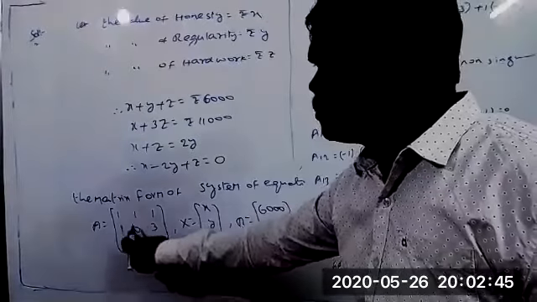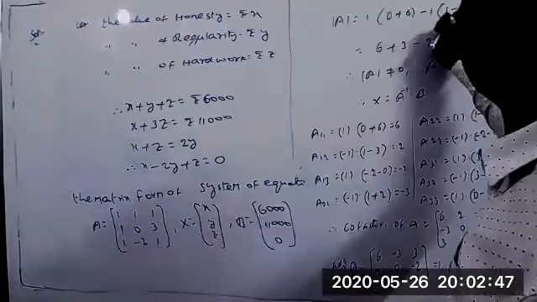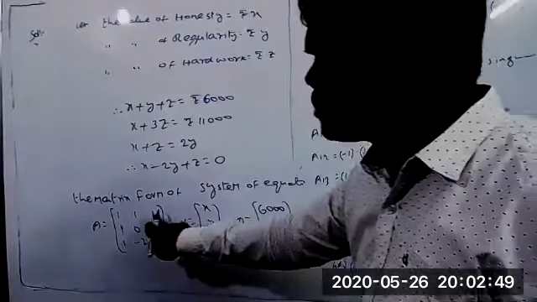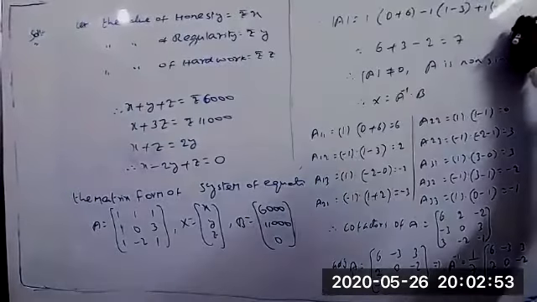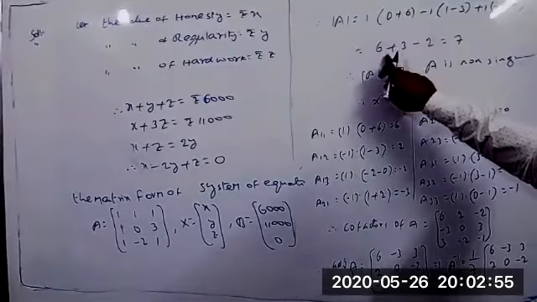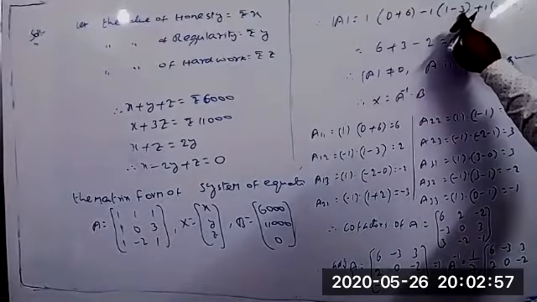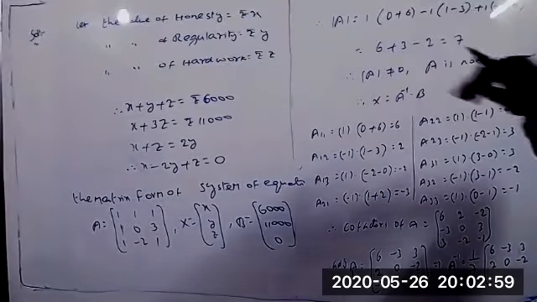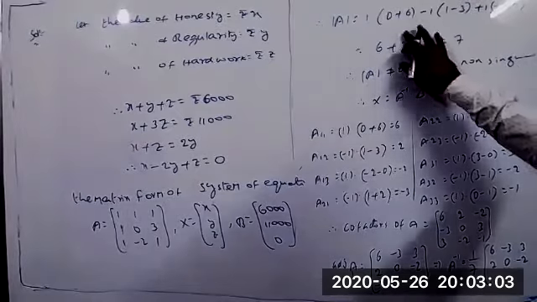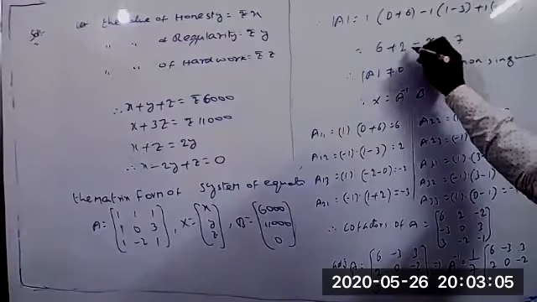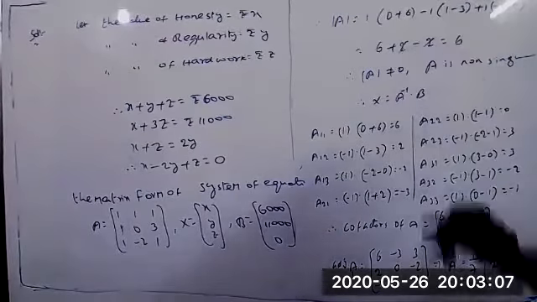Minus 1 into 1 minus 3 plus 1 into minus 2 minus 0. So 1 into 6 equal to 6, minus 1 into minus 2, minus 1 into minus 3 equal to plus 2. I am correct. Okay, 6 now.